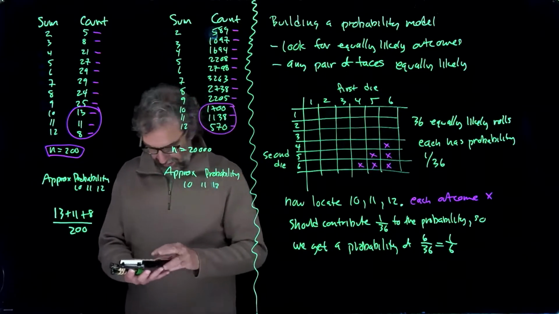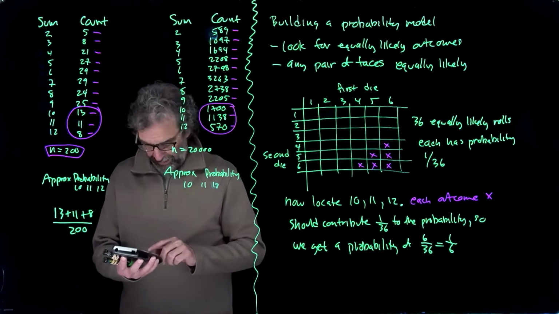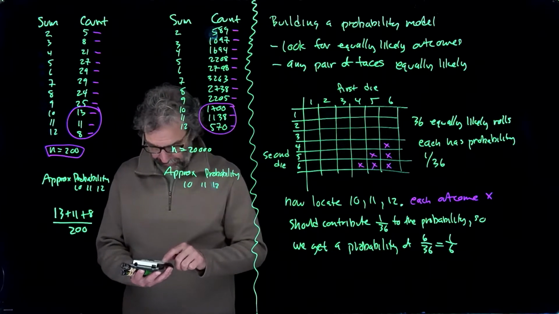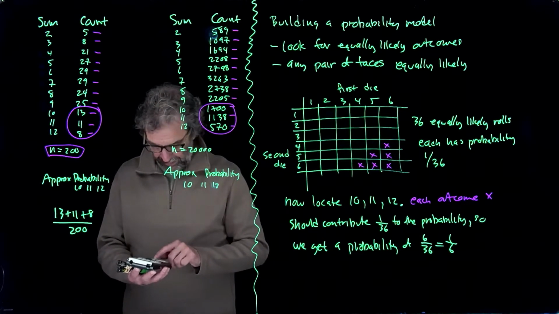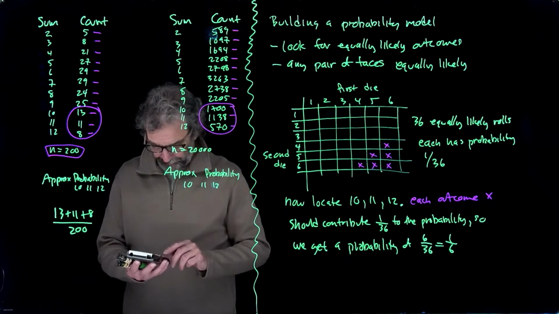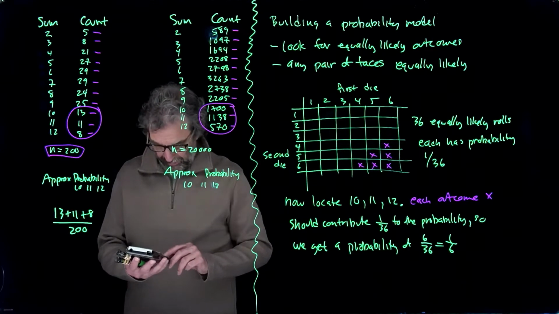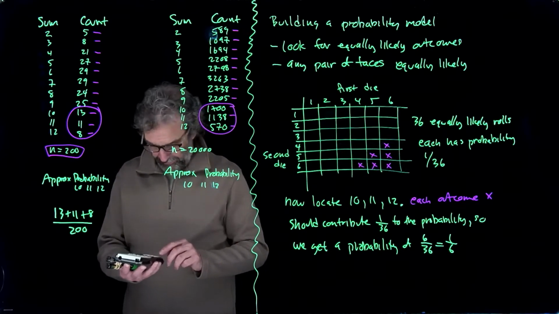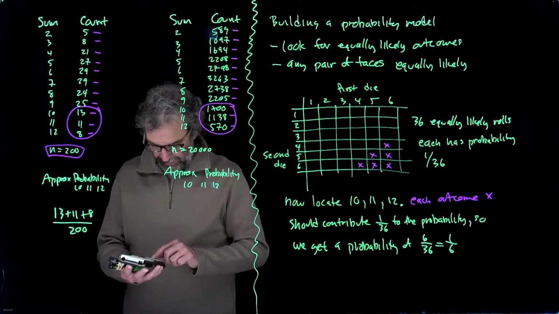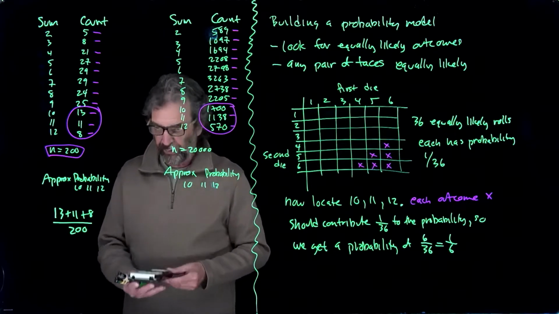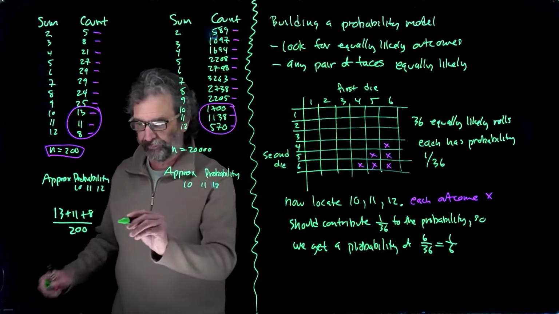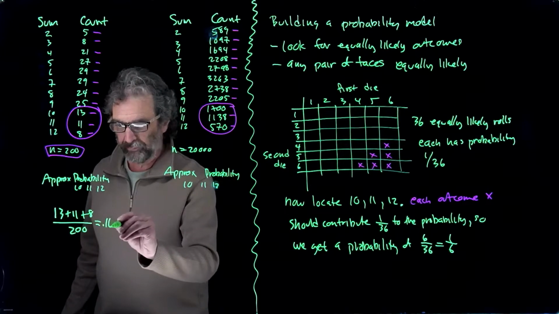And that means 13 plus 11 plus 8 is 32 divided by 200, 0.16, like that.